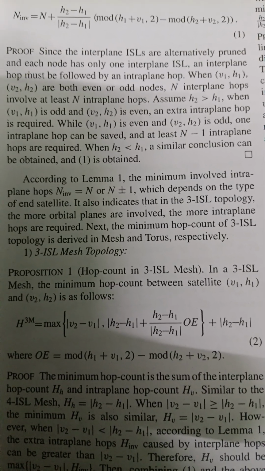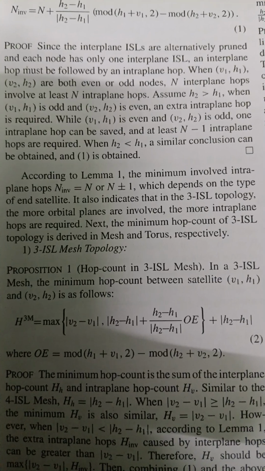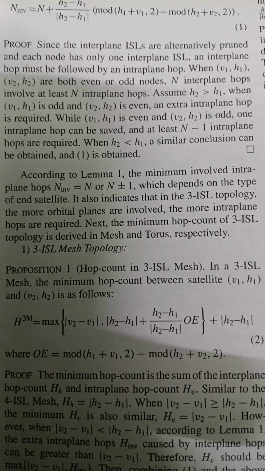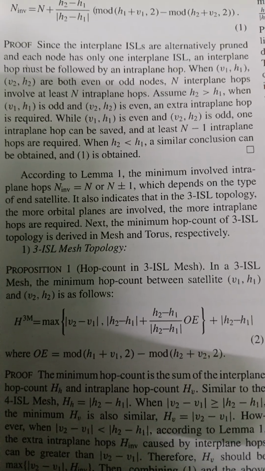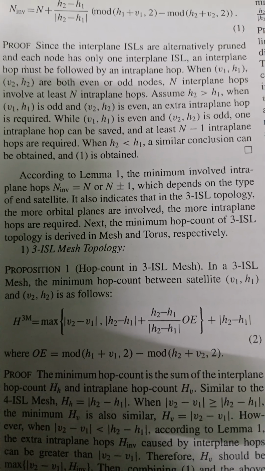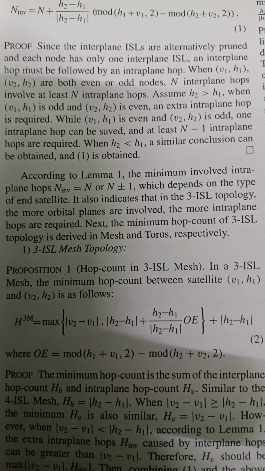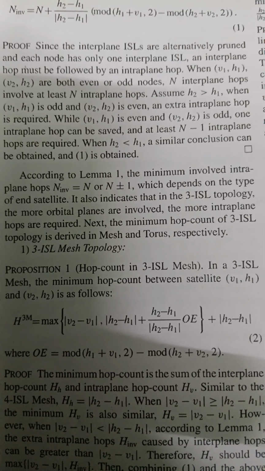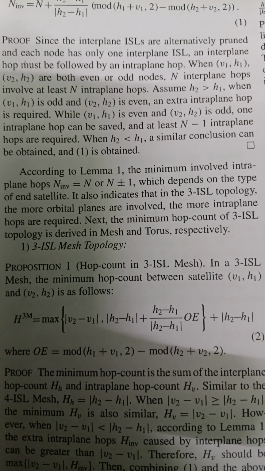According to Lemma 1, the minimum involved extra intraplane hops N_INV equal n or n plus or minus 1, which depends on the type of end satellite. It also indicates that in the 3ASL topology, the more orbital planes are involved, the more intraplane hops are required.